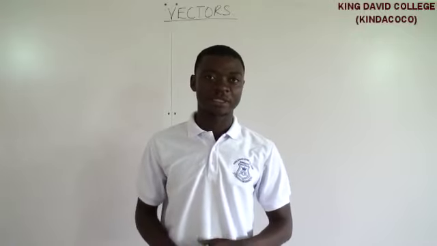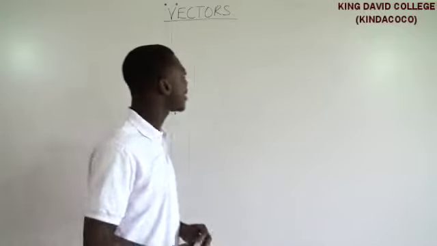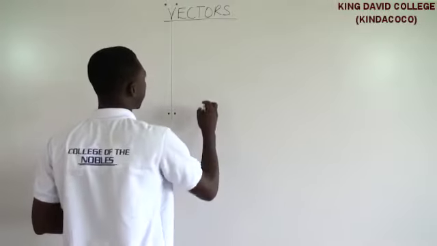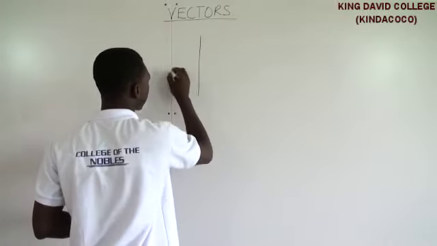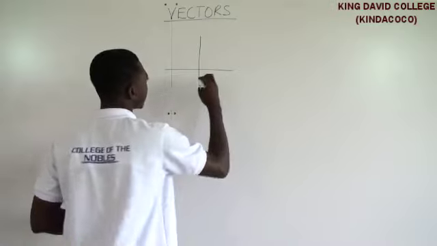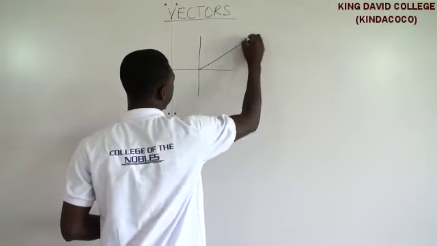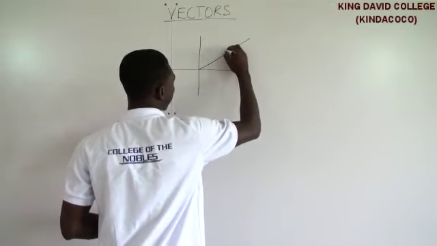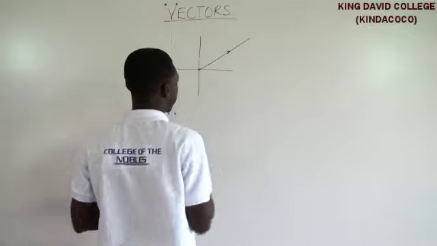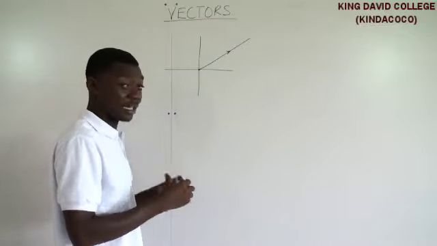Okay, vector quantities. Now, if you have a plane, you have a plane from here like this, and then there is a specific, let's say, zip line.